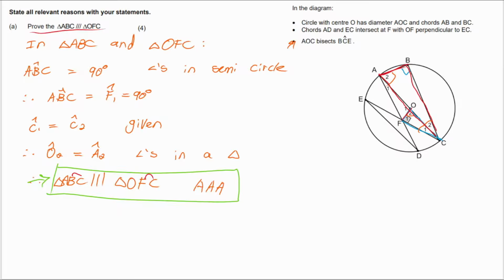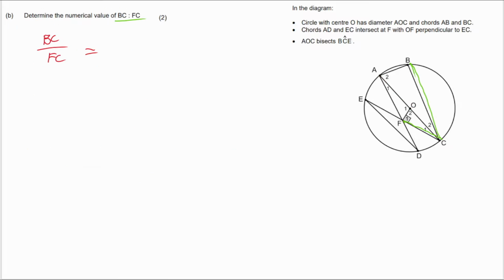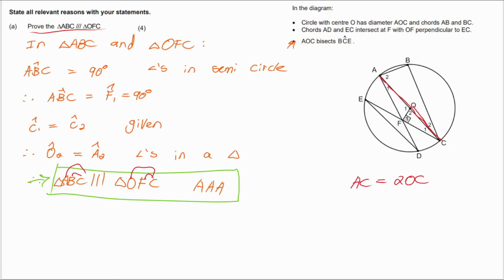So how about if I do AC over OC? I'm going to erase some things over here. Here's AC, and here's OC. What do I know between those two? Well, I know that AC is equal to double OC, because OC is a radius, and AC is a diameter. So it's going to be AC over OC.